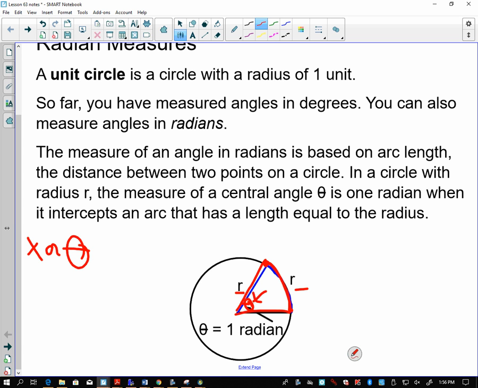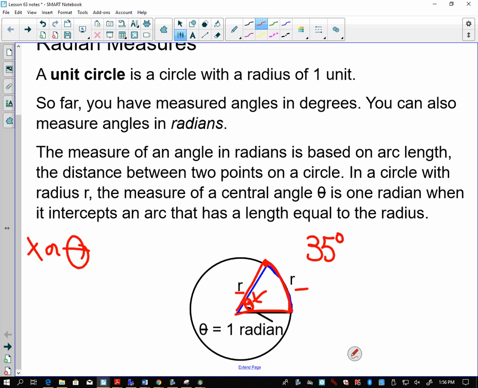Okay? Somebody give me a relatively common degree. 35 degrees. Okay, so let's say I had 35 degrees and I wanted to convert that into radians. Radians are always going to be a fraction or ratio in terms of pi.